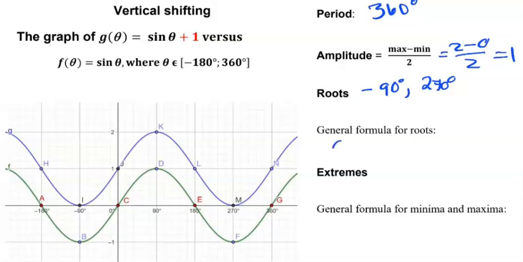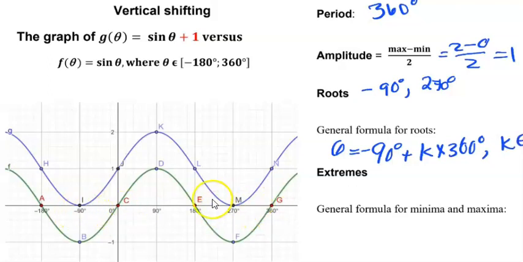We can say theta is equal to minus 90 degrees plus, and then we need another 360 degrees to get to the new root, where k is an element of Z. And since I only have 2 roots instead of 4 for the original function, I won't have two formulas here for the theta, I just have 1.